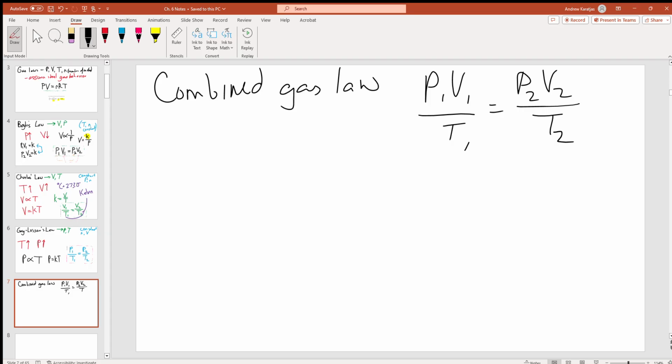And you can see it incorporates all three of these equations together: Boyle's law, Charles' law, and Gay-Lussac's law. In fact, when you look at this equation carefully, you can actually use this to derive the other three equations. What do I mean by that? So here's our combined gas law.